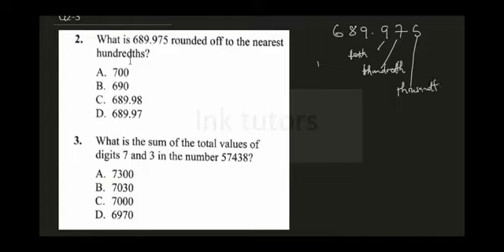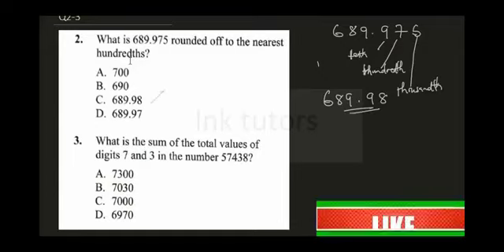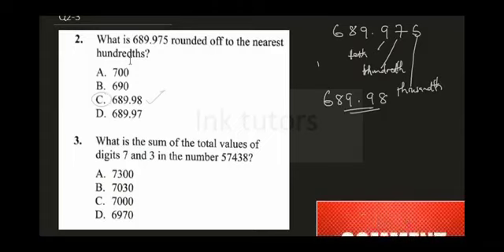Having established this, because we are rounding off to the nearest hundredth, we approximate this. So this is going to give us our final answer as 689.98. So that's our correct answer. So the correct answer here is going to be C, and I'll circle my C.